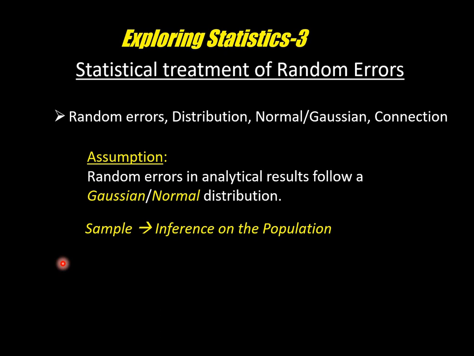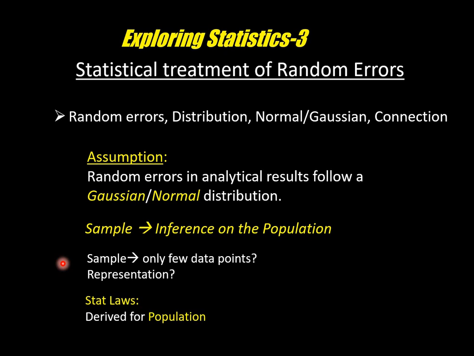So we make analysis and study on the sample, but we want to infer on the population on the basis of the sample study. And so it's an important question that a sample containing only a few points really doesn't represent the whole population. So the number of points in the sample is important.